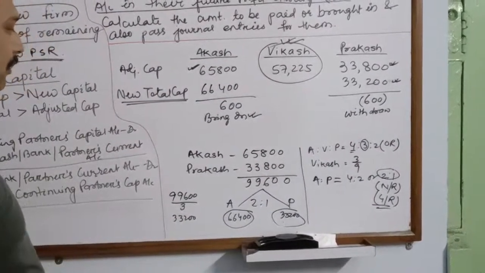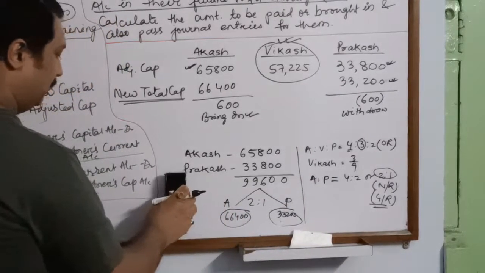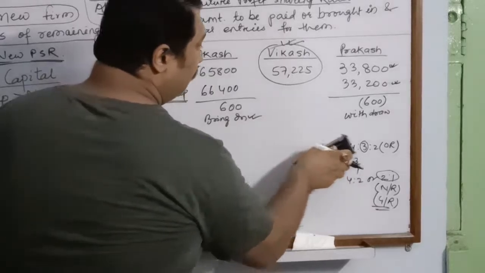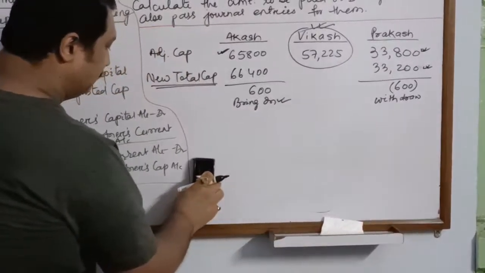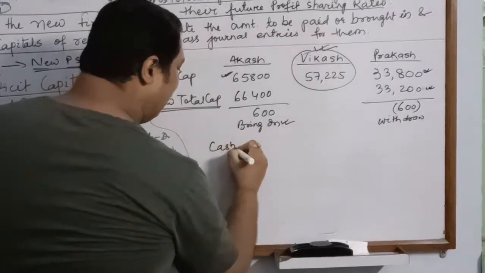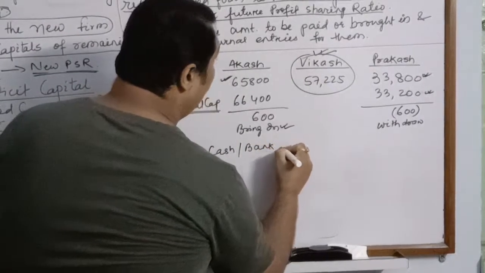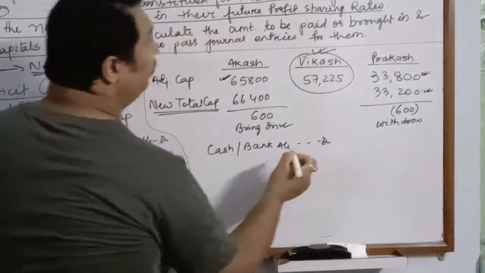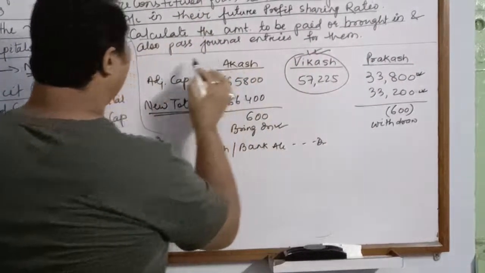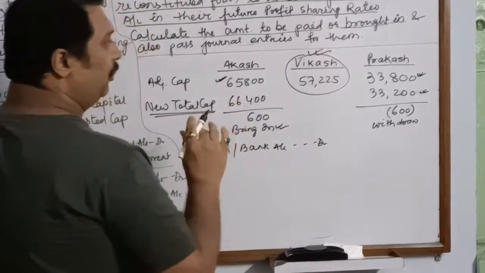New capital is more. Now we are supposed to pass journal entry. So what journal entry will you pass? In first case, the first partner is bringing in. So you will pass the entry cash or bank account debit. Question has clearly mentioned over here, calculate the amount to be paid or brought in, also pass journal entries for them.